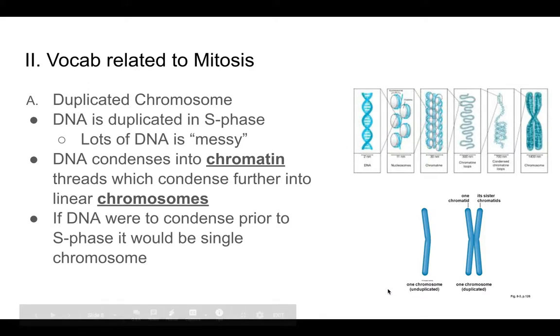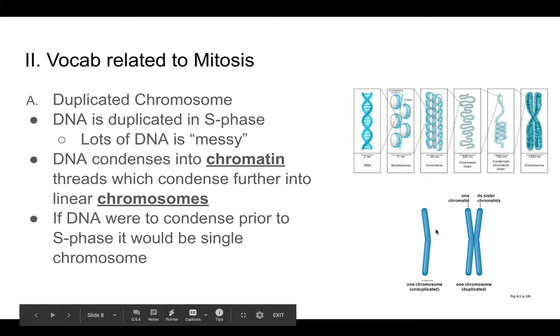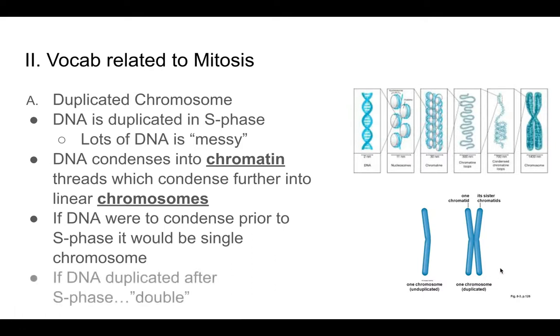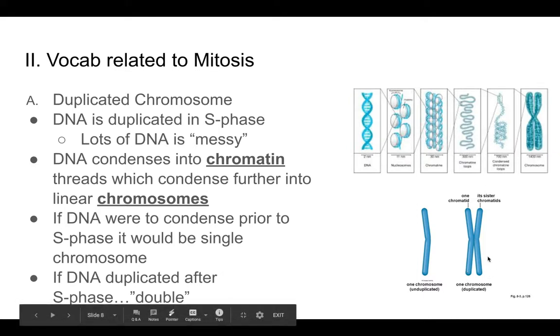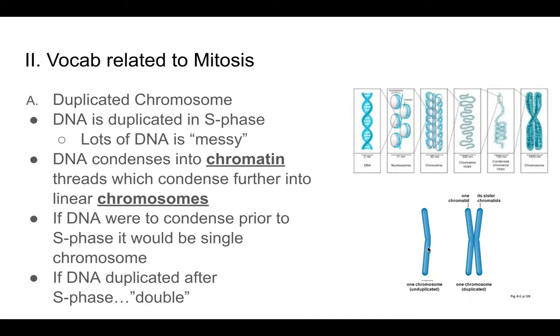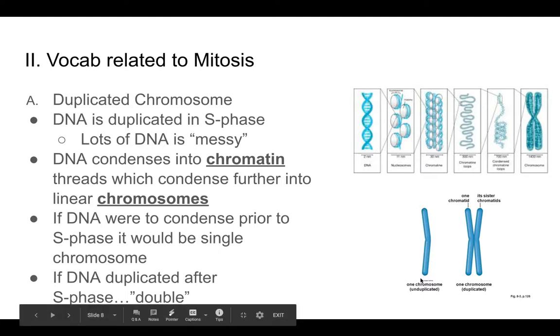If we look at what a chromosome looks like after S phase has occurred and the DNA has duplicated, the chromosome looks like it's duplicated, and it takes on this little X-shaped structure. So if the chromosome is duplicated after the S phase, it looks like an X. If the chromosome is created before the S phase, which it rarely does, it would look like a little single stick.